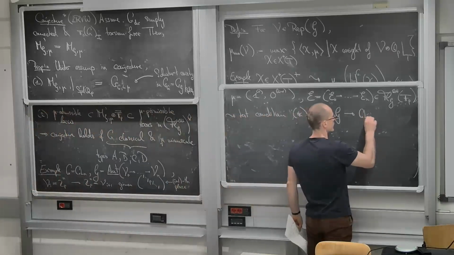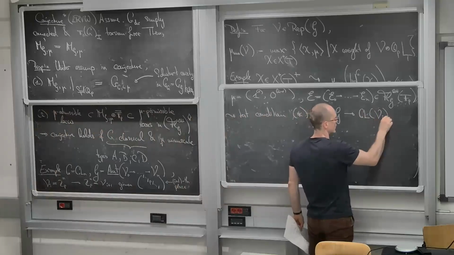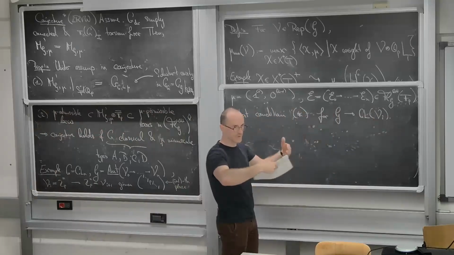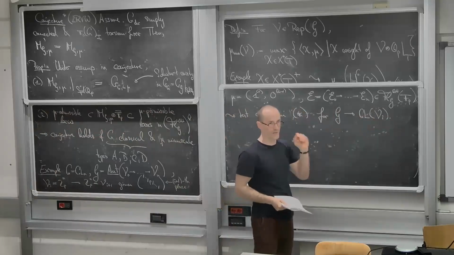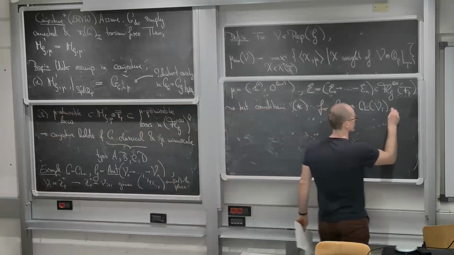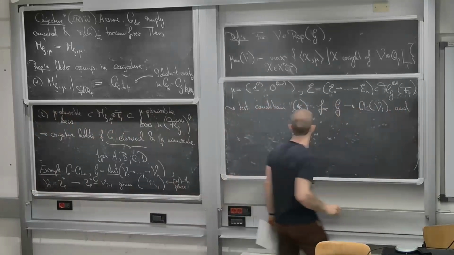So this is a forgetful map. An automorphism of a chain is like a tuple of automorphisms with some conditions, and I just project on one member. And I test the condition star for this and its dual representation.